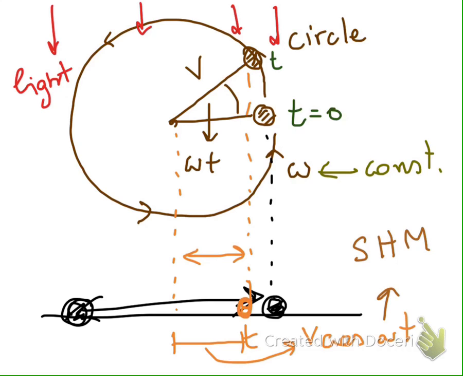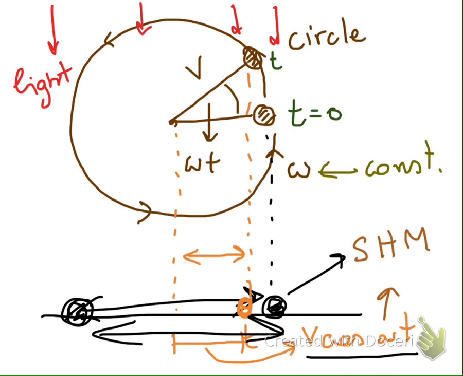SHM, simple harmonic motion. So the shadow of the object will oscillate back and forth as a simple harmonic motion, and the equation of motion is v cos omega t. Okay, v cos omega t.